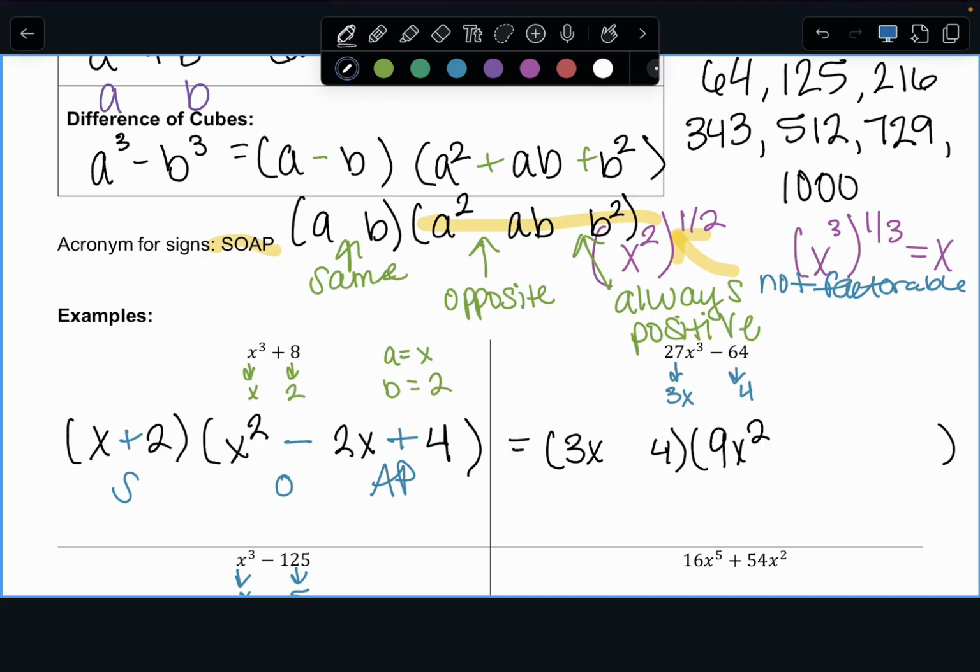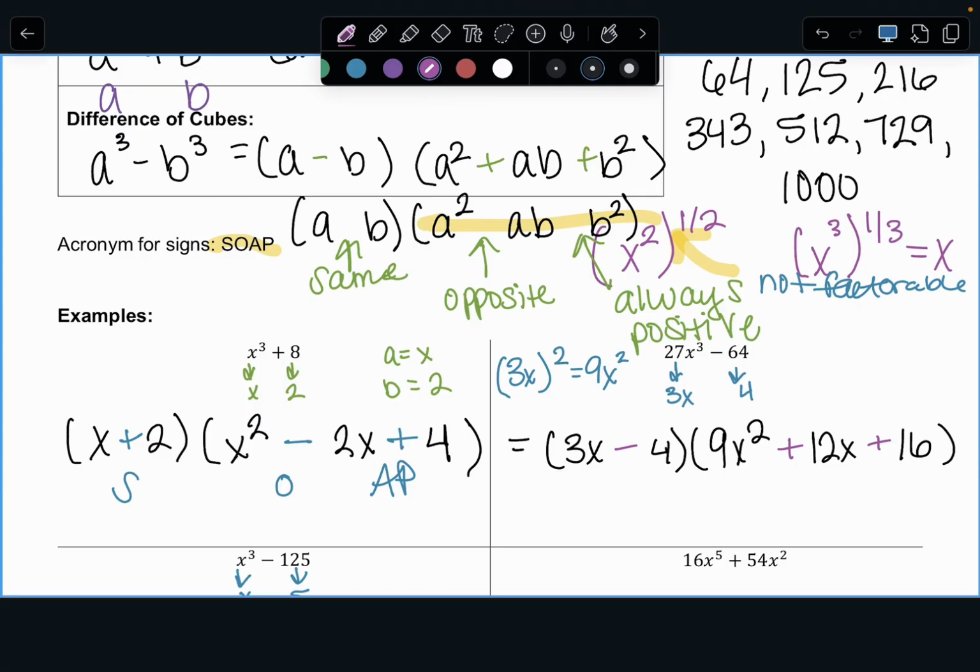You have to square the whole thing. 4 squared for the last piece is 16. And then 3x times 4 is 12x. And then SOAP, same sign, opposite sign, always positive. And that's it.